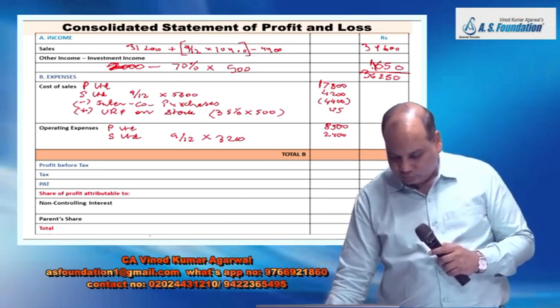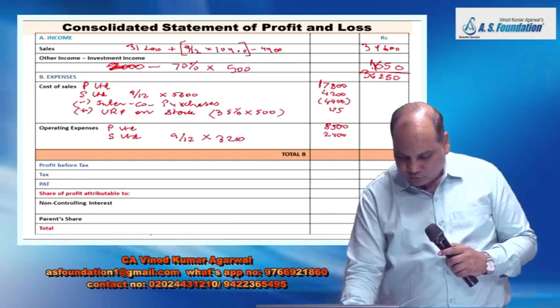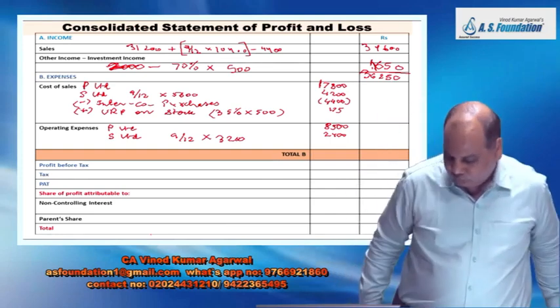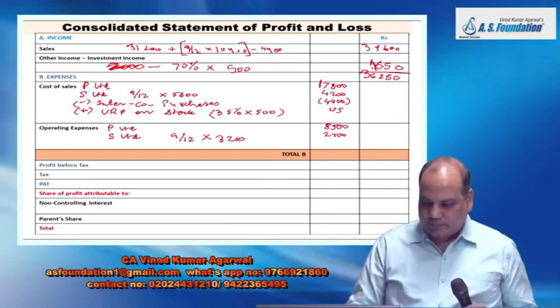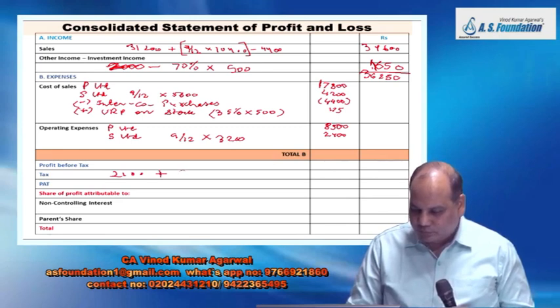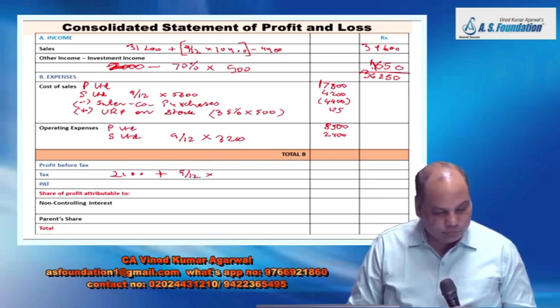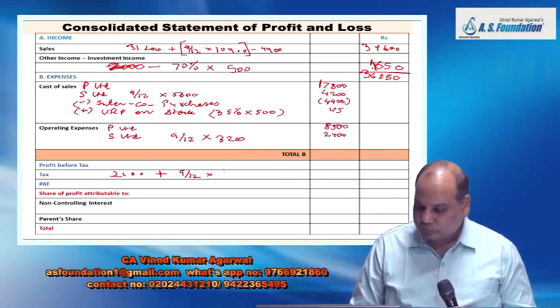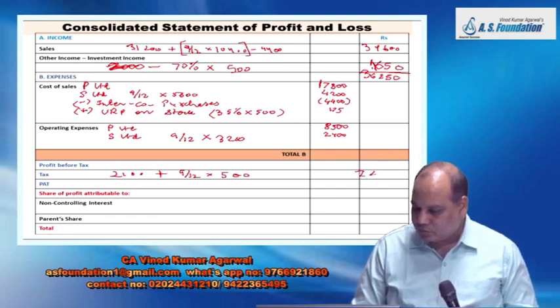Profit before tax, taxation figure, right? Tax 2100 plus 9 by 12 into 500, 2475.